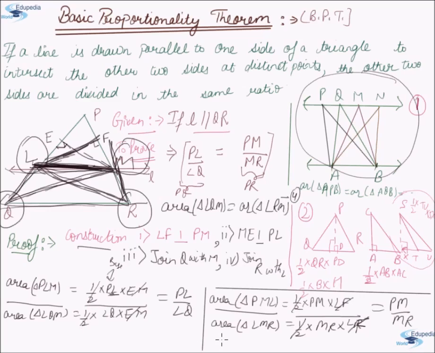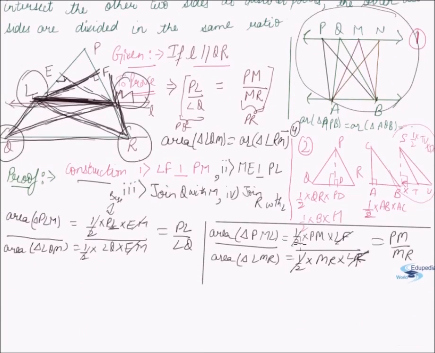So we can substitute this equation 4 over here. Let this be equation number 3. We will get the area of triangle PML. Friends, PML or PLM is the same triangle, so we can write PML as PLM also.